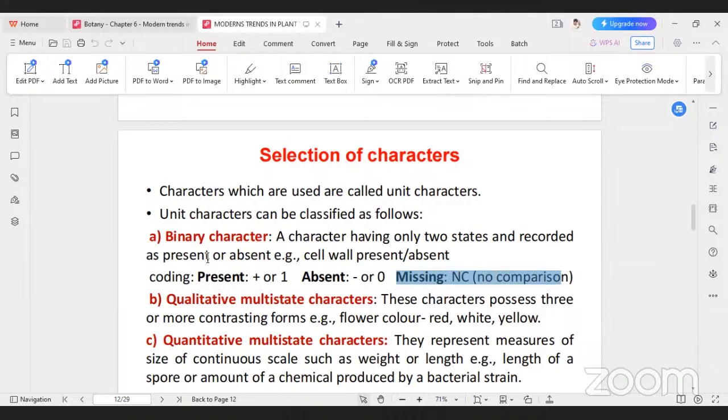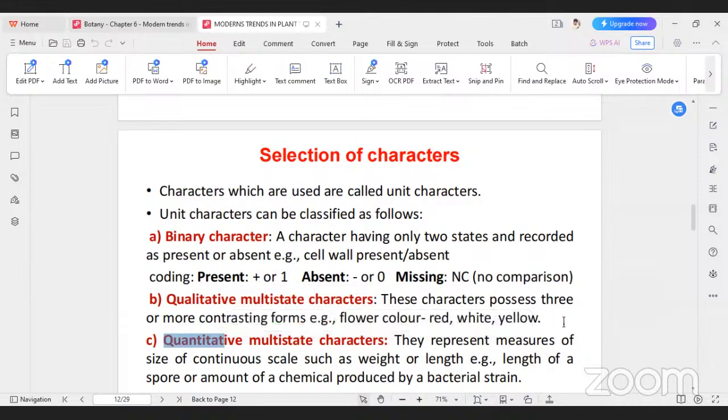Another selection of characters: qualitative multi-state characters. Here binary is bi-state, and here it is multi-state. And this one is also multi-state, but one is qualitative, another is quantitative. First, let's see the qualitative.